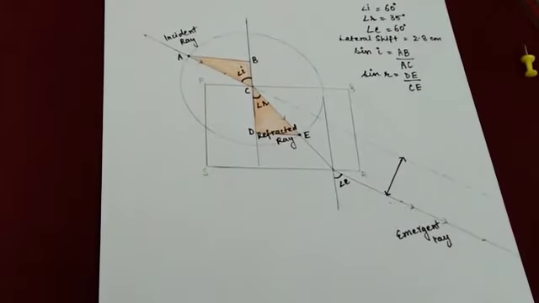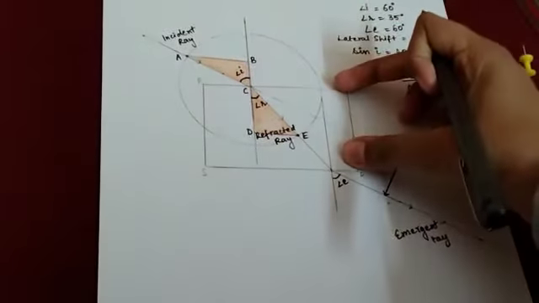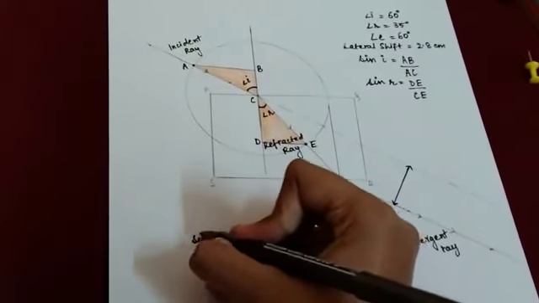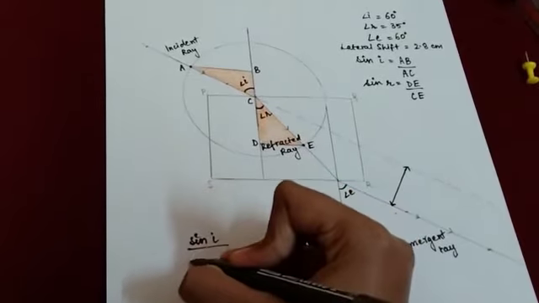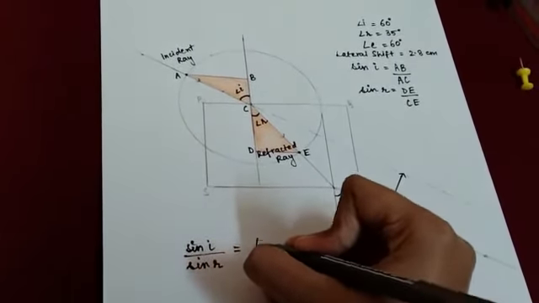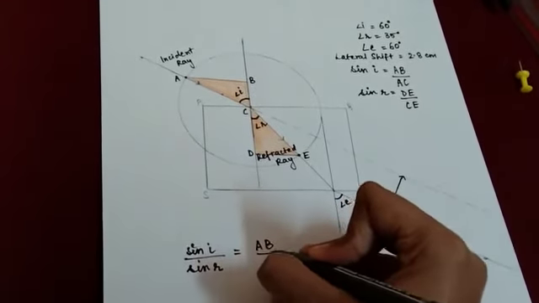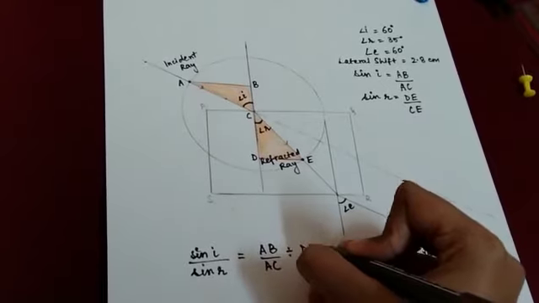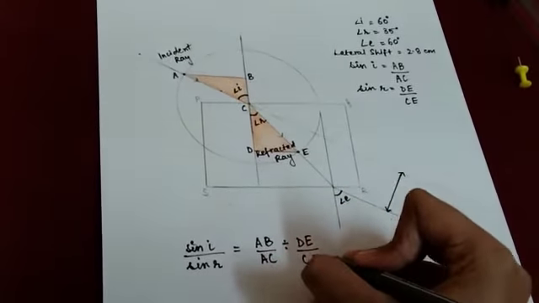So by Snell's law, the refractive index of glass with respect to air is sine I upon sine R, which is equal to AB upon AC divided by DE upon CE.